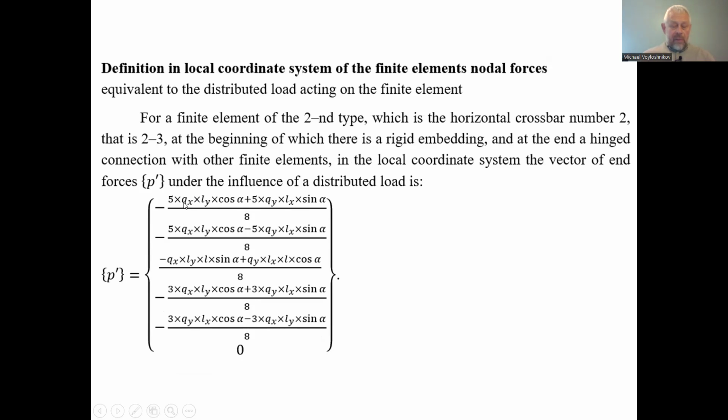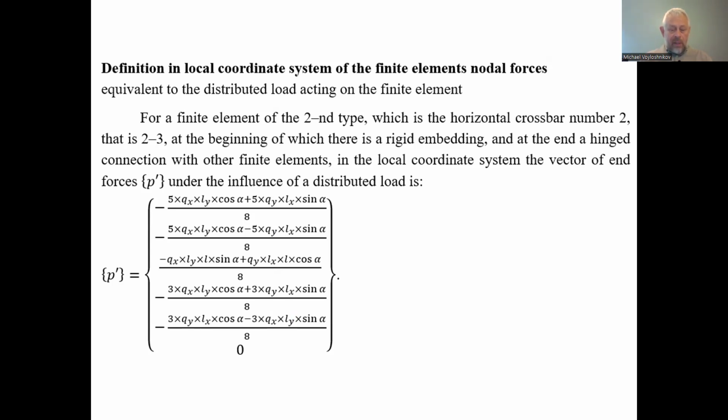Qx and Qy, the horizontal component of the distributed force and the vertical component of the distributed force, we can reduce to 1, 2, 3, 4 components of the forces: longitudinal force at the beginning, longitudinal force at the end of the finite element, the transverse force at the beginning, transverse force at the end, and the bending moment, which is the mechanical equivalent to the action of the distributed force.